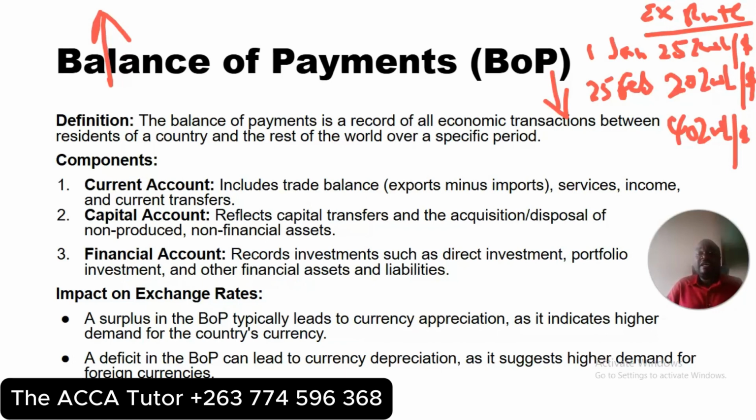But we need to fight for policies that enhance the balance of payment so that by the end of the day we will be in a surplus position. If we are in a surplus position, then it also means that we have more than enough foreign currency reserves.